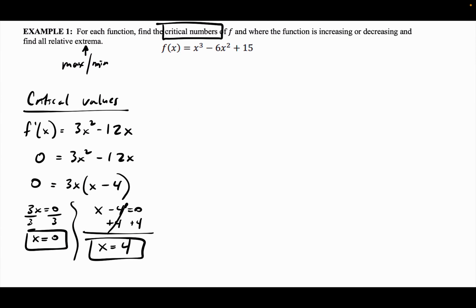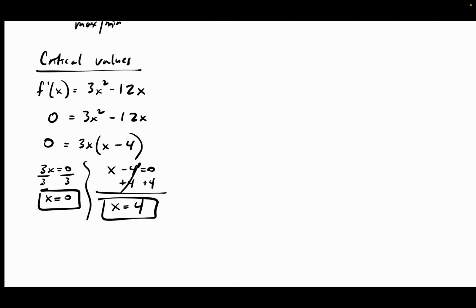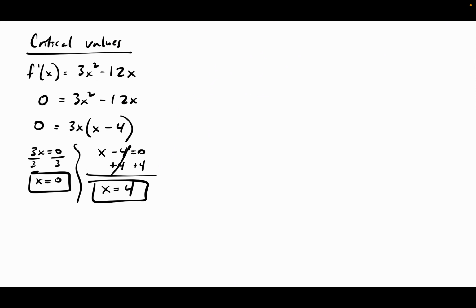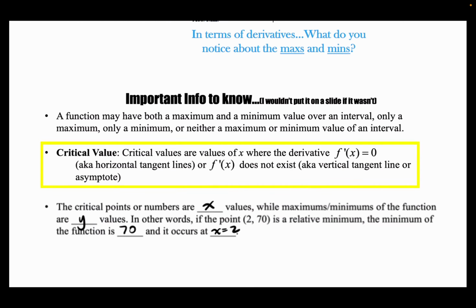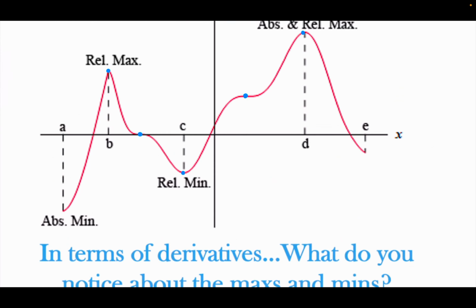At both of these, the derivative equals 0. Horizontal tangent lines. So what we just found were the peaks, those blue dots.